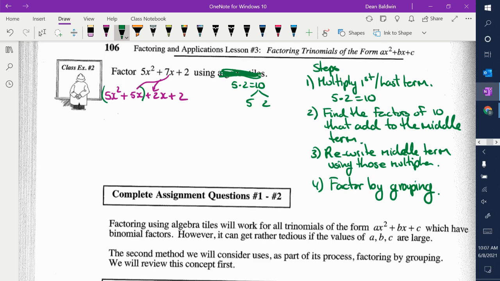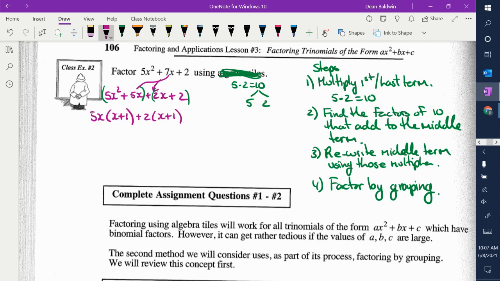So 5x comes out. I'm left with x plus 1. Bracket the second 2. Take out a 2. I'm left with x plus 1.